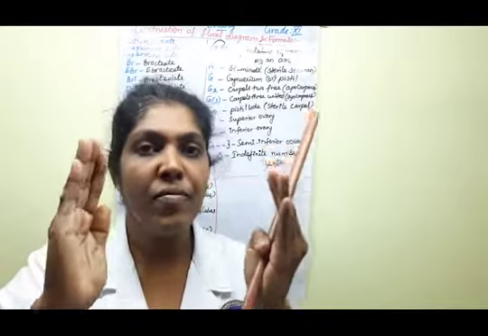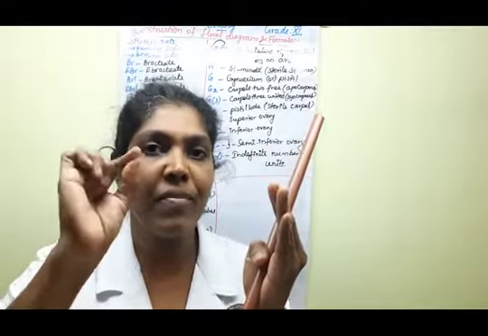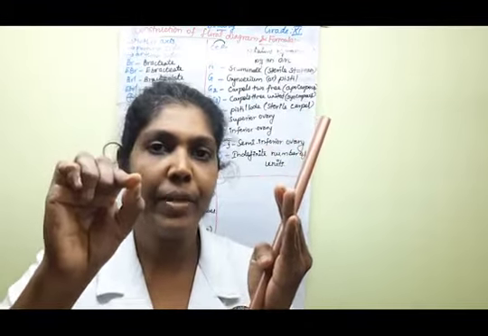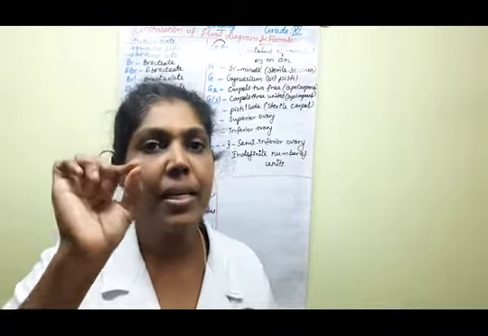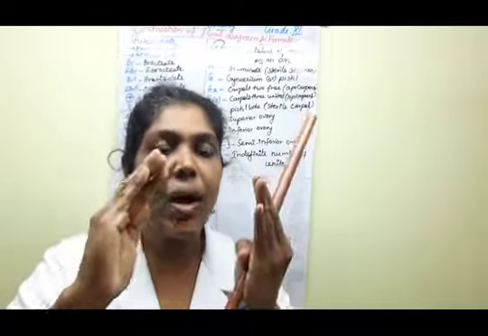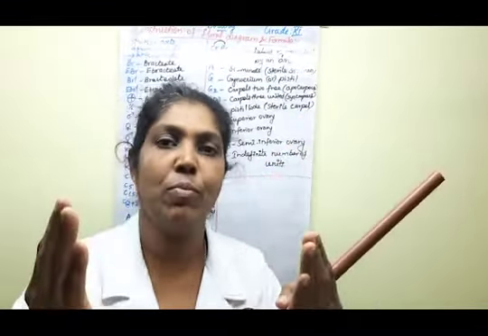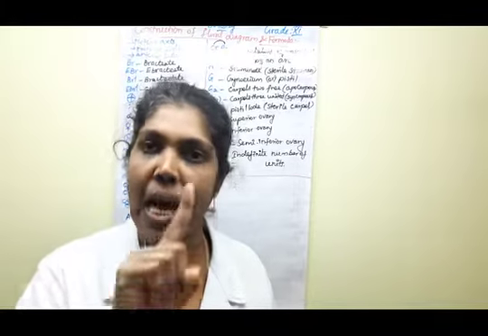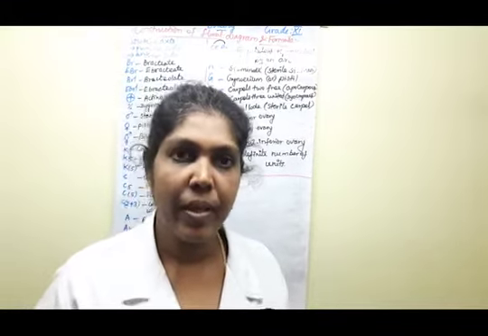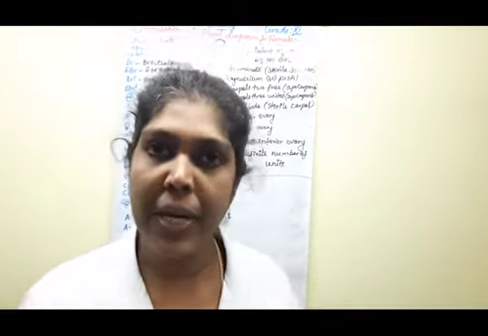Understood? With that bracket, the individual units are united, and that representation is called synsepalous. Without the bracket, it is called aposepalous. Are you clear, children? Say yes or no.